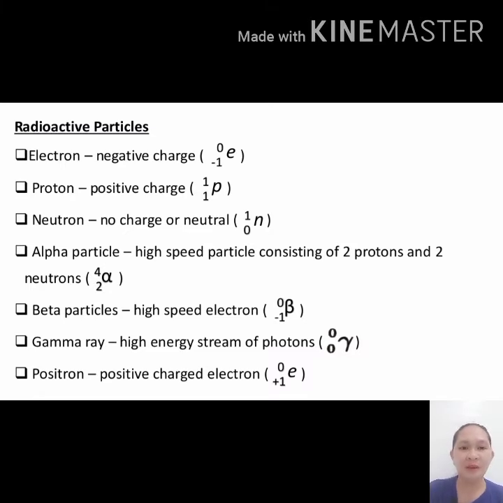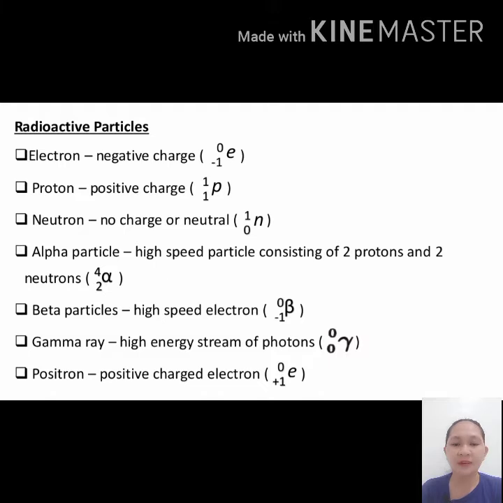Proton is positively charged, and it is represented by the letter p and has a subscript and superscript of 1. The next is the neutron. Neutron has no charge, or it is called neutral. It is represented with the letter n with a subscript of 0 and a superscript of 1.